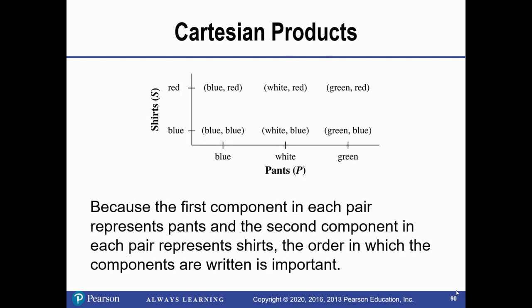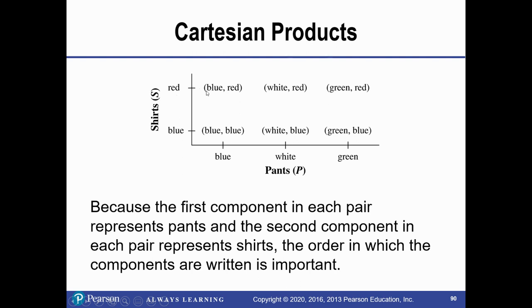This is a nice way to display the pairings of pants and shirts in what looks like a Cartesian plane, where along what we might call our x-axis or our pants axis, we have the 3 options. And then along what we might call our y-axis or the shirts axis, we have the blue and red shirt options.